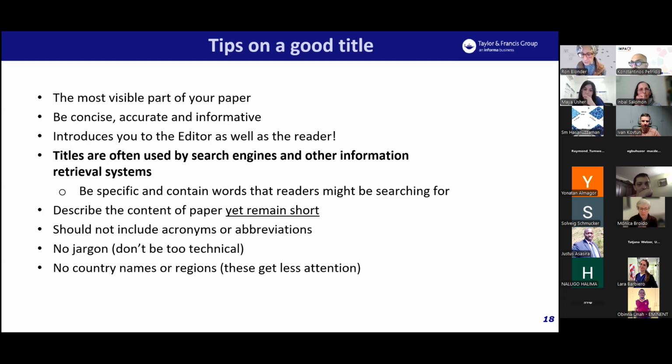Now there is, for example, a fashion in science education that the title starts with a quote from the teacher or from the student, and then the topic. It's now a fashion, but try to be specific, to contain words that readers might search for. Describe the research, but still remain short.